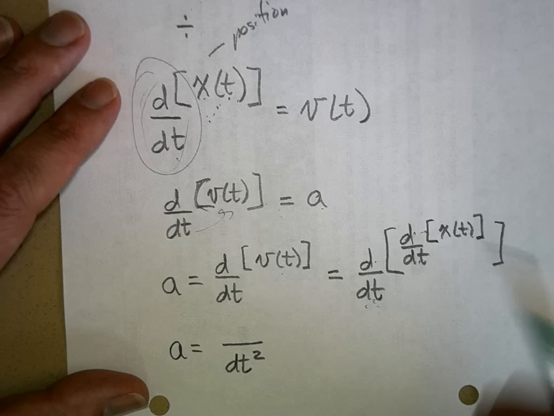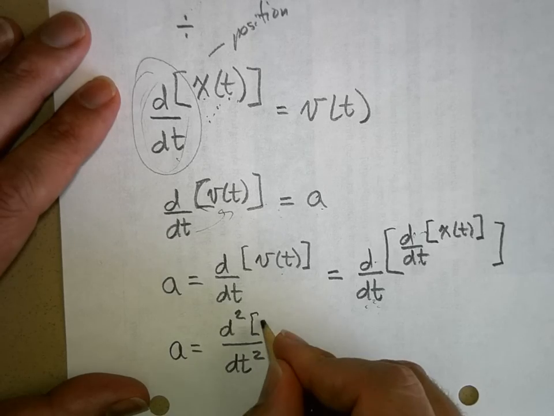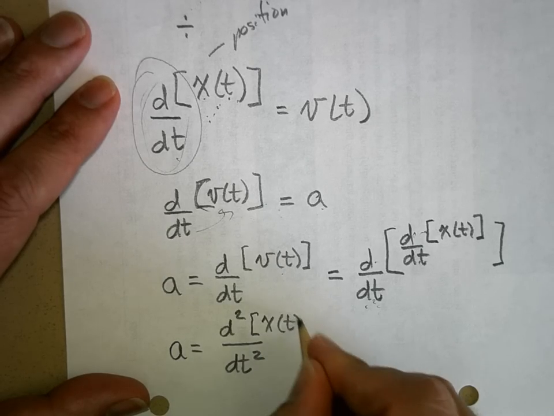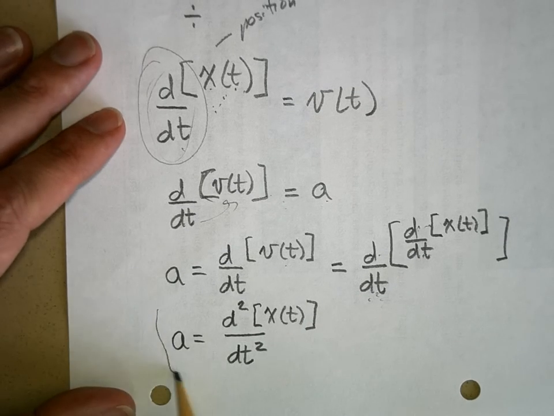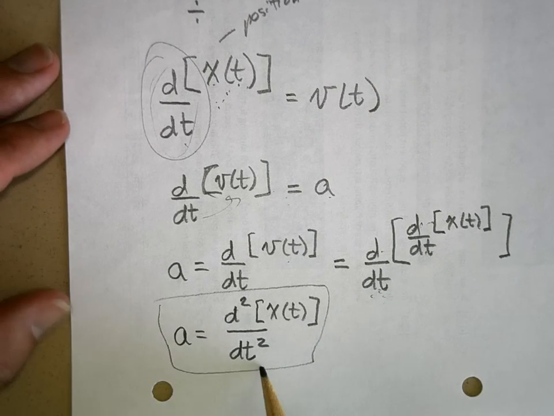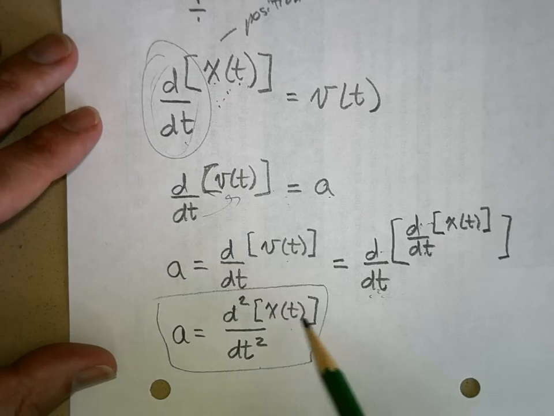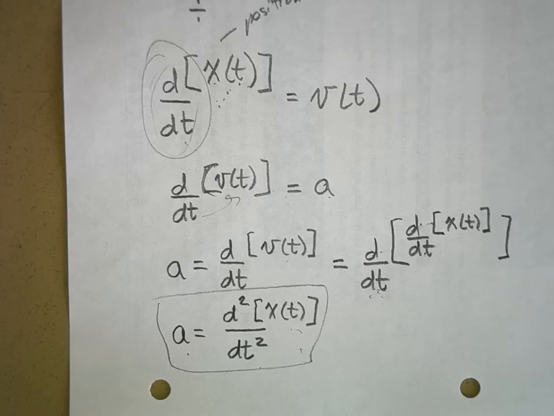I've got two of them, all operated on the position function. So you can think of the acceleration as this. We're operating the derivative on the position as a function of time twice to get acceleration. Okay, so that's what's going on with that.